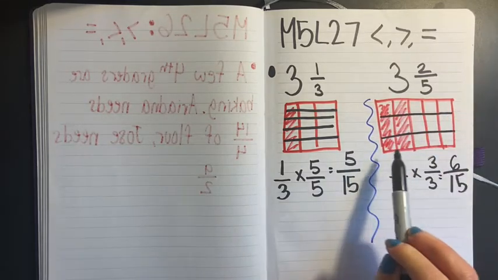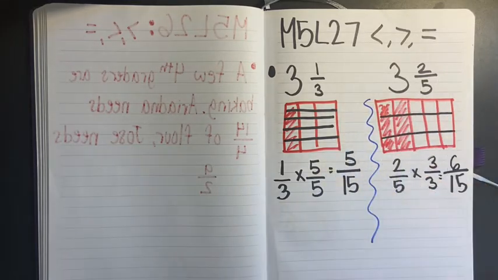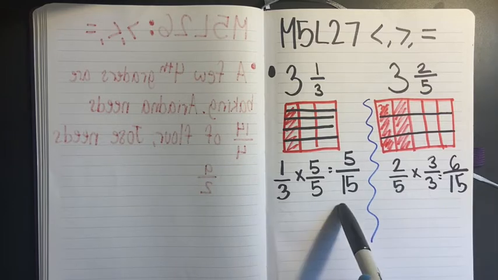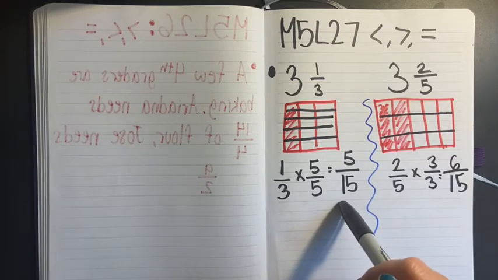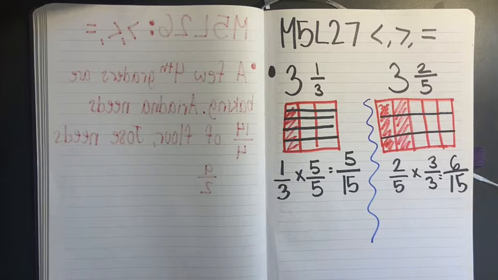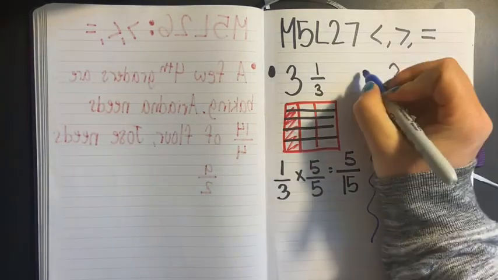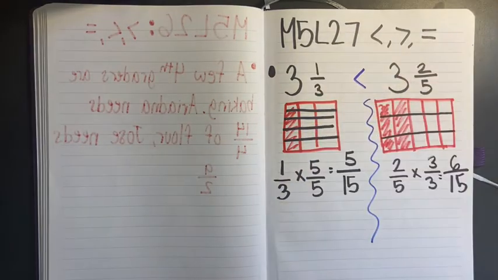So we see that 6 out of the 15 boxes are filled out. Now that we have that common denominator, we are able to compare. I see that 6/15 carries more weight than 5/15. So that means that 3 1/3 is going to be less than 3 2/5.